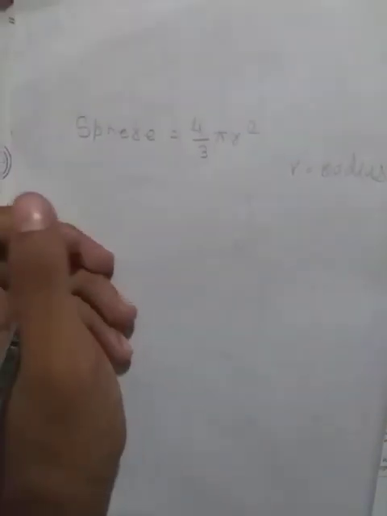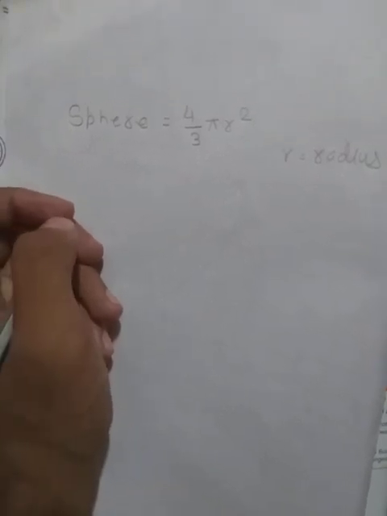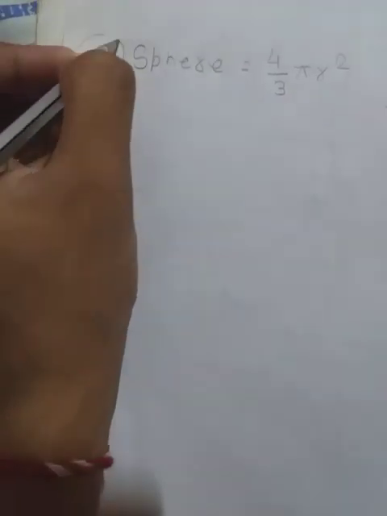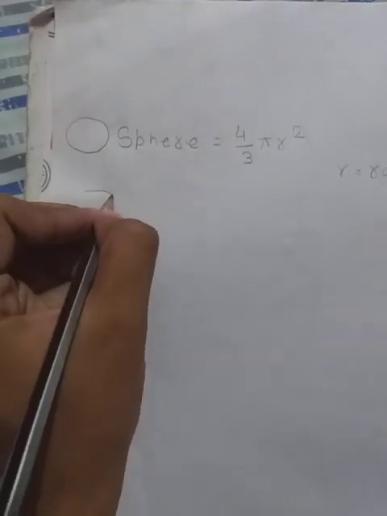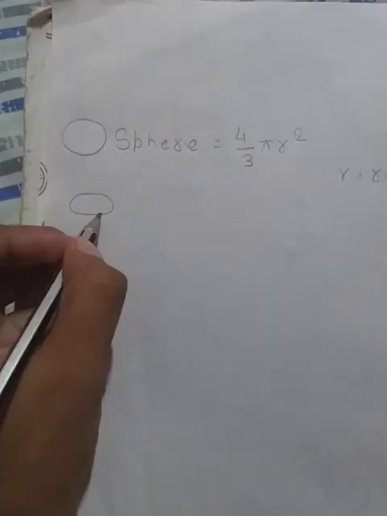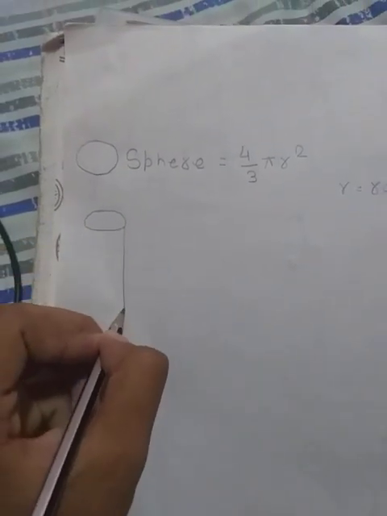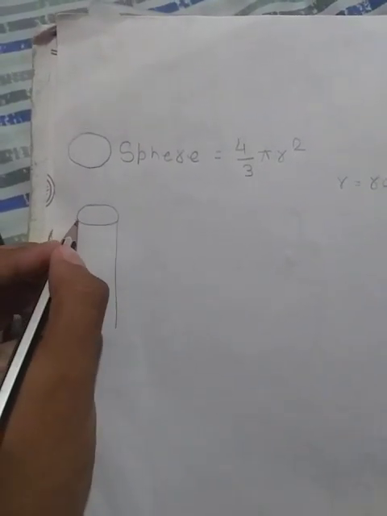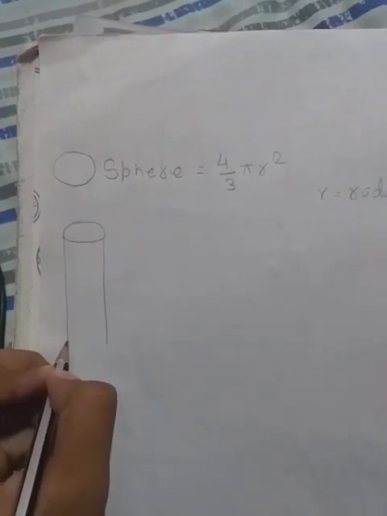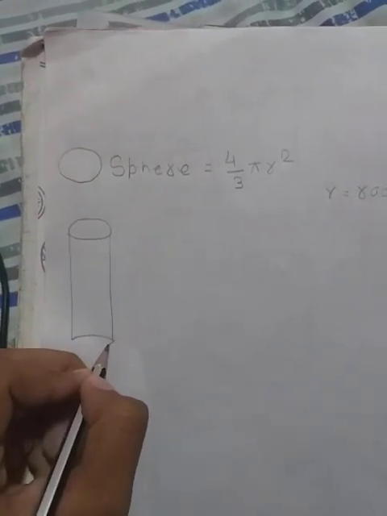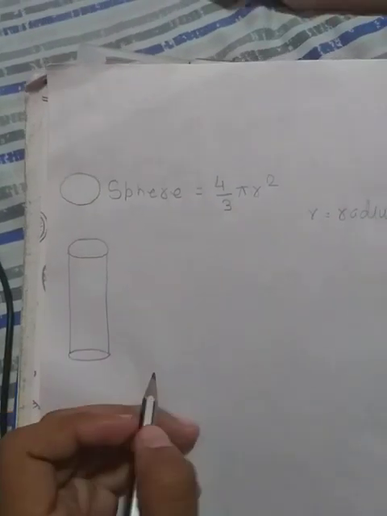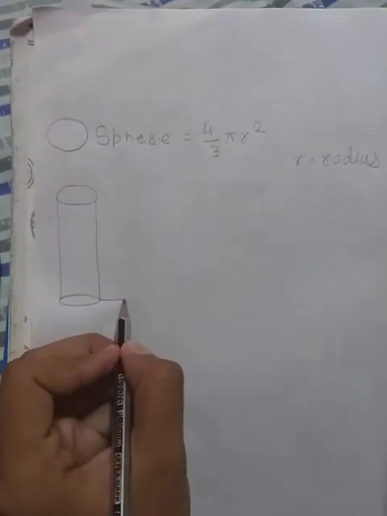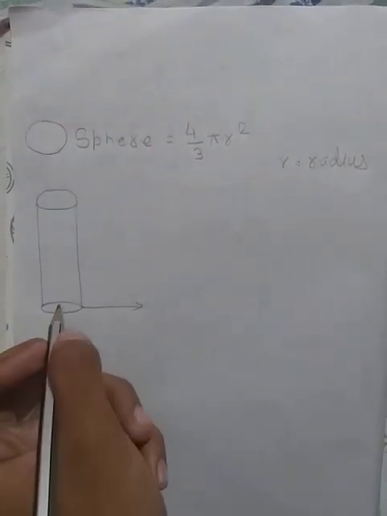And for a cylinder, the shape of the cylinder is like this, and you need to find the area of this circle.